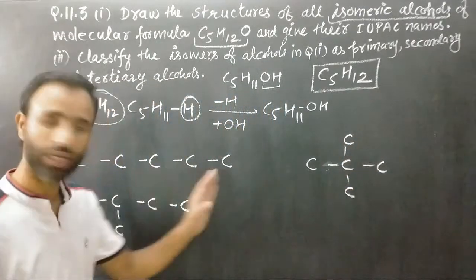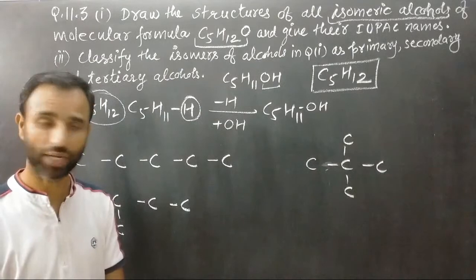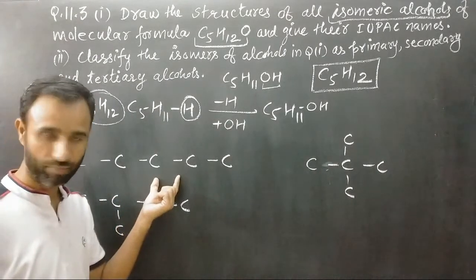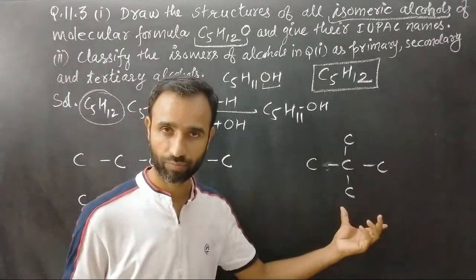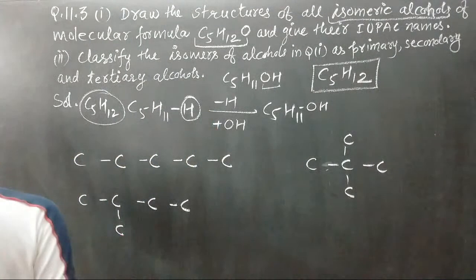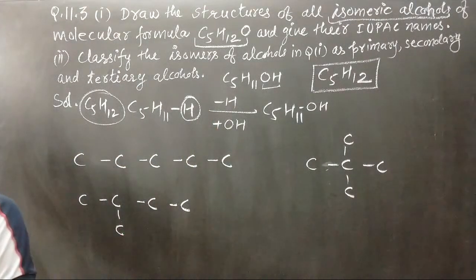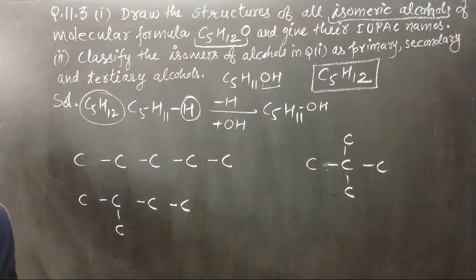These are the 3 structures of pentane: normal pentane, isopentane and neopentane. Is it visible?